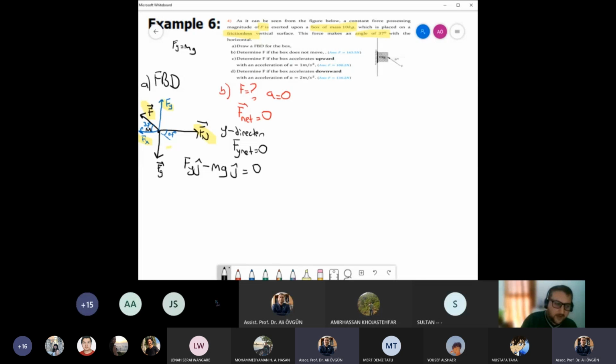So from here you can find that Fy equals mg. So Fy is equal to m, given 10, times 9.8. It is equal to 98 Newton as a magnitude.